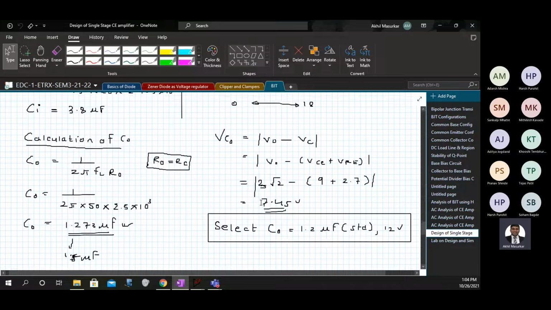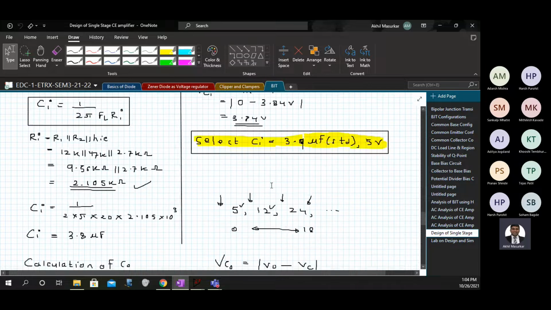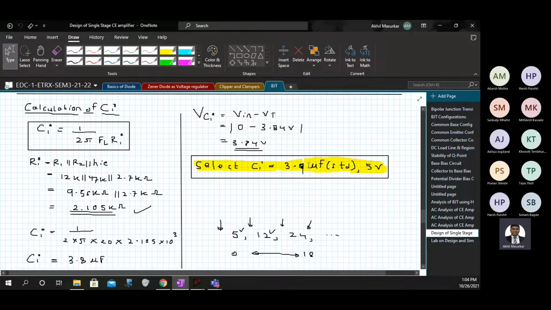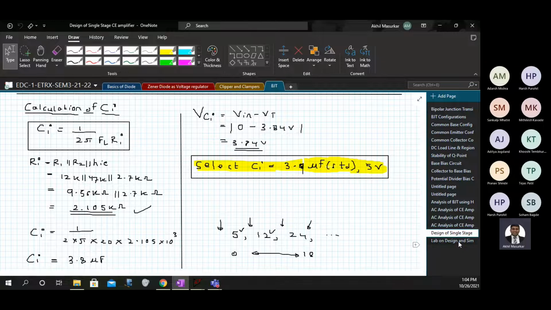Now here from this simulation you can also see that CI is 3.9 microfarads.